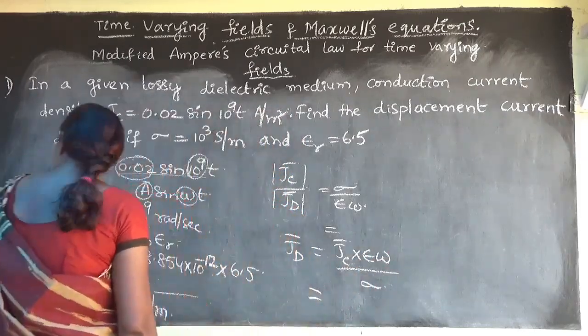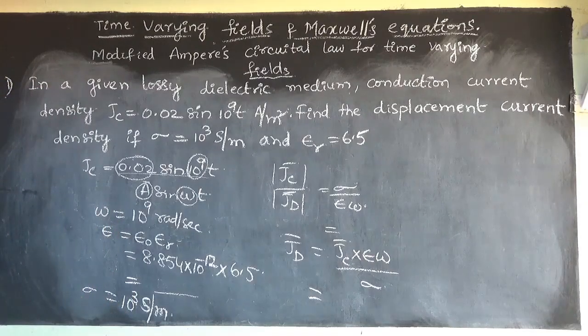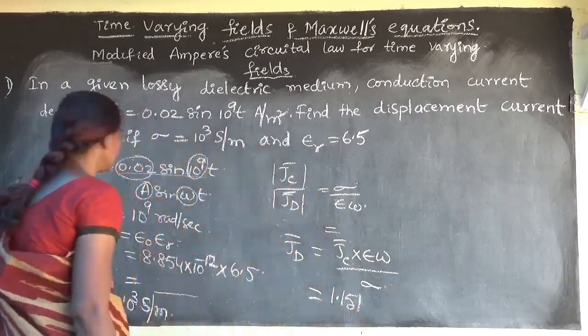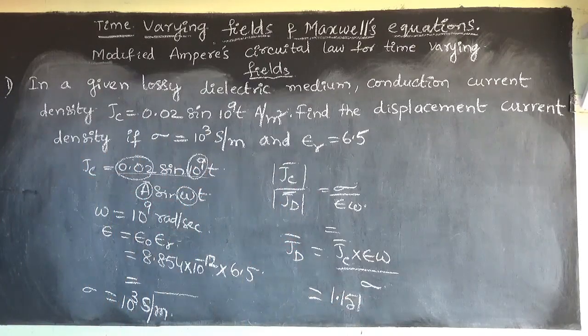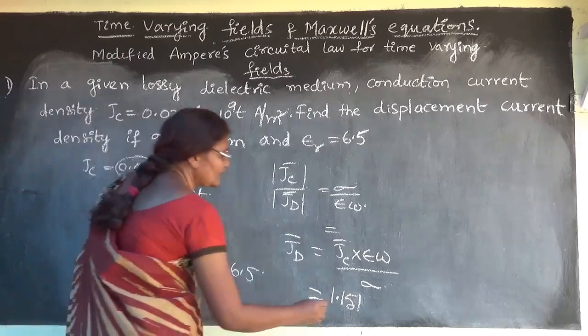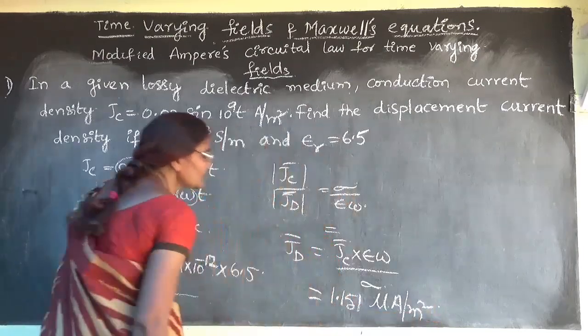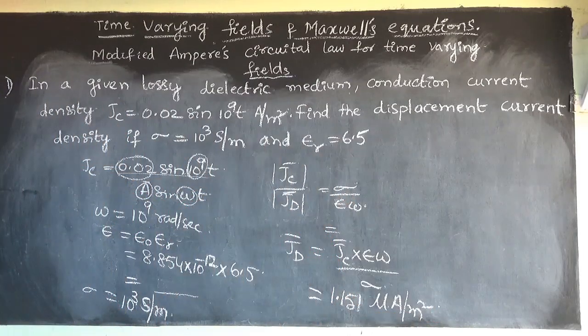Its value is going to be 1.151 micro ampere per meter square, that is my current density.